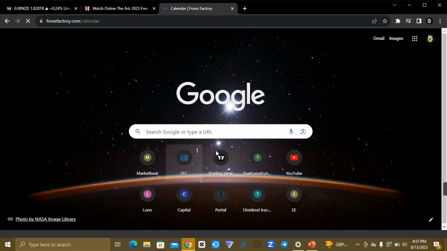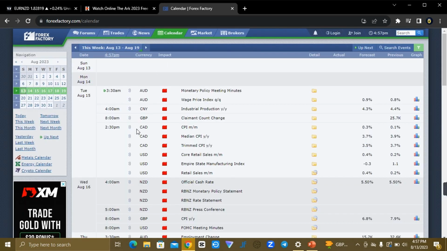Okay, so this week you have quite interesting setups, both from the technical and the fundamental perspectives. Okay, so this is our calendar here.